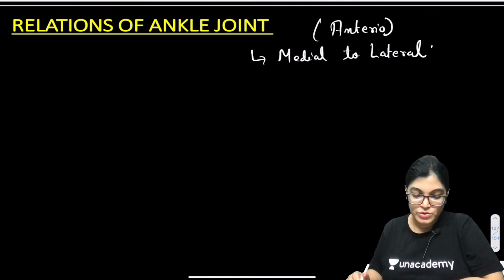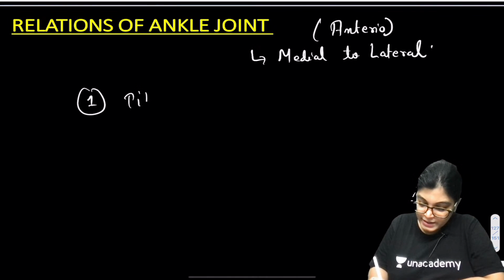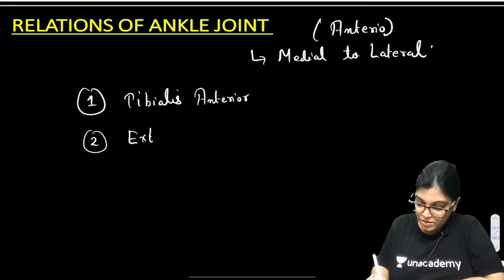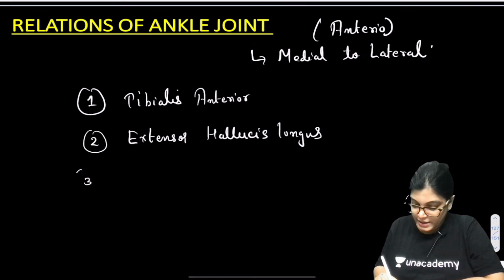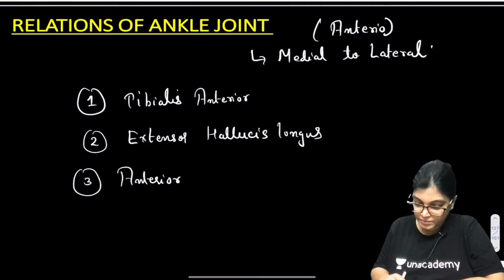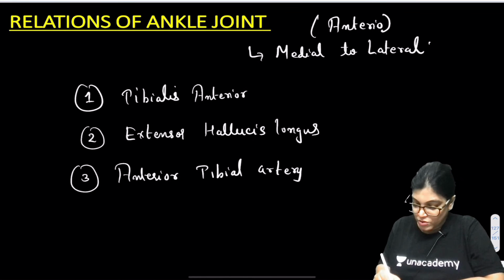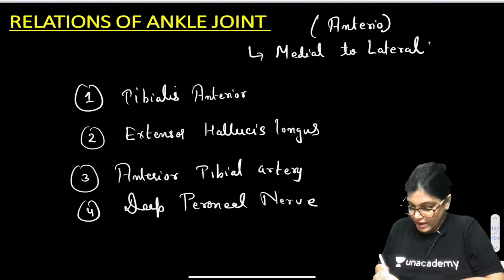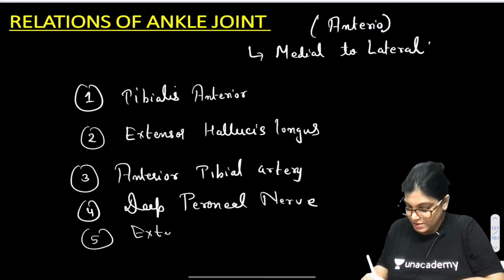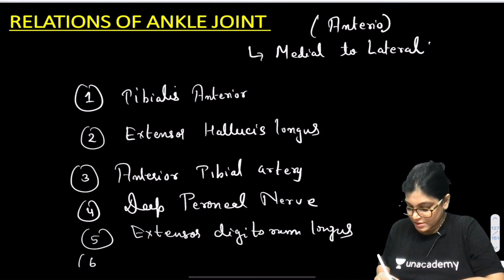The relations are the following: tibialis anterior muscle, extensor hallucis longus, anterior tibial artery, deep peroneal nerve, extensor digitorum longus muscle, and most laterally is peroneus tertius.